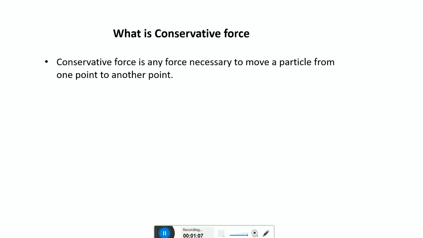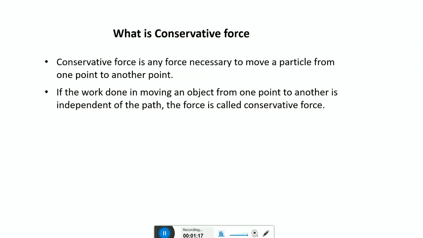Conservative force is any force necessary to move a particle from one point to another point. If the work done in moving an object from one point to another point is independent of the path, the force is called conservative force.